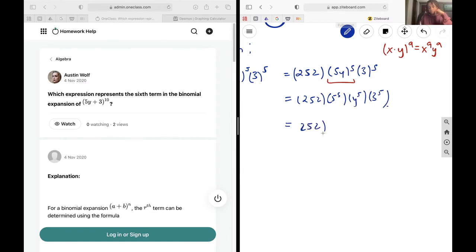So 252 into, we're going to use the reverse to bring this 5 to the power of 5 and 3 to the power of 5. So this will become 15 to the power of 5, y to the power of 5. And then you're just going to multiply things out on your calculator, and you'll get 191362500 y to the power of 5. And that's going to be it for this one.